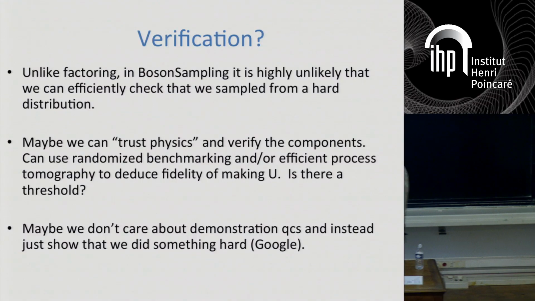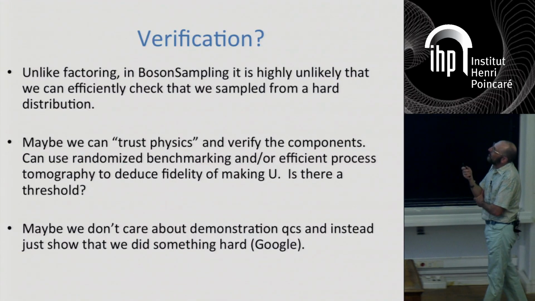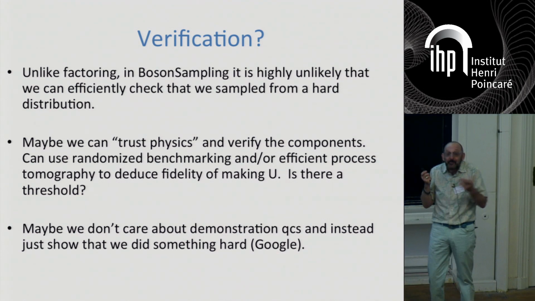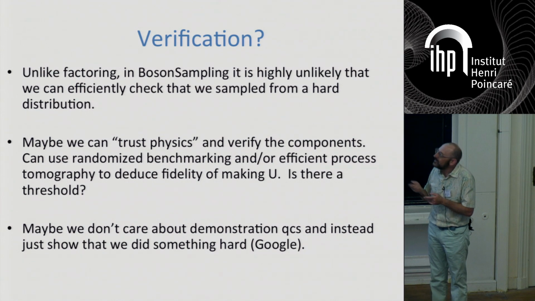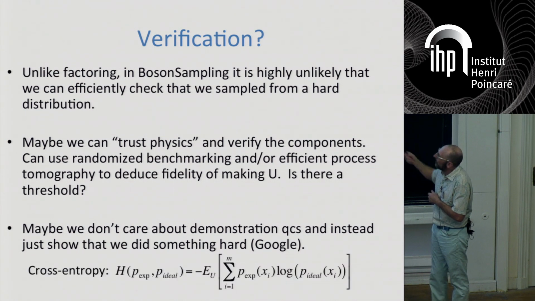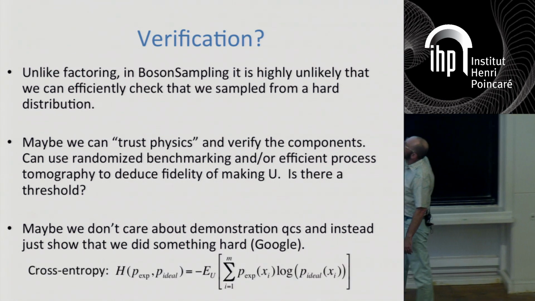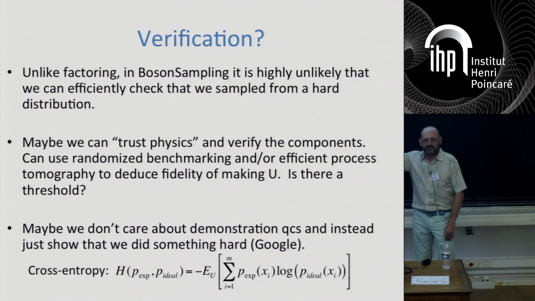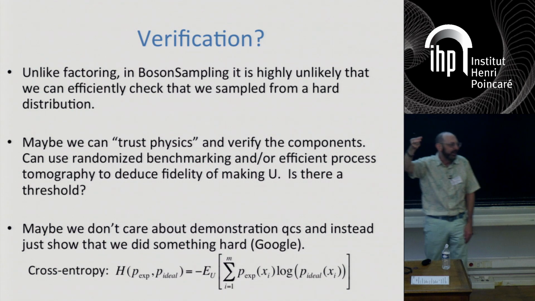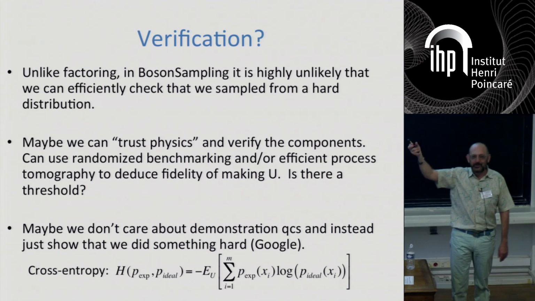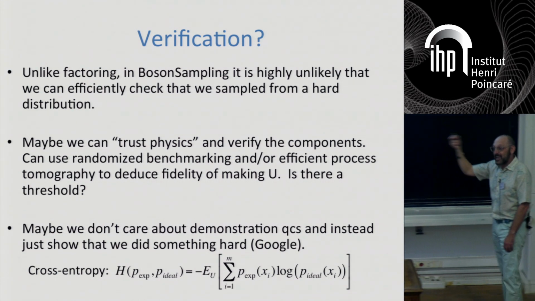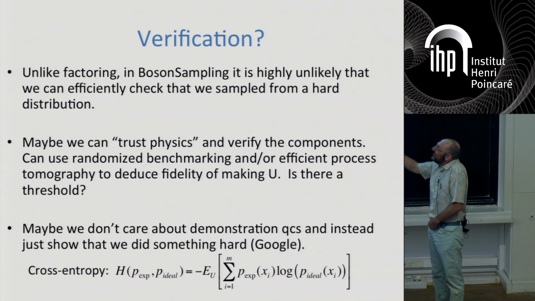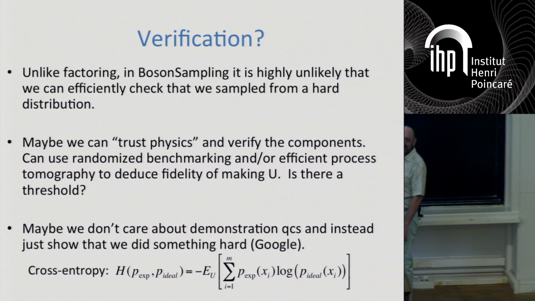Finally, we might just say, maybe we don't care about QCS. We just want to demonstrate that we're doing something that is hard. And this is the way that Google is going. They're saying, we're going to check our answer according to a classical computer. The classical computer can tell us, if we run it long enough, what the ideal probability distribution is.